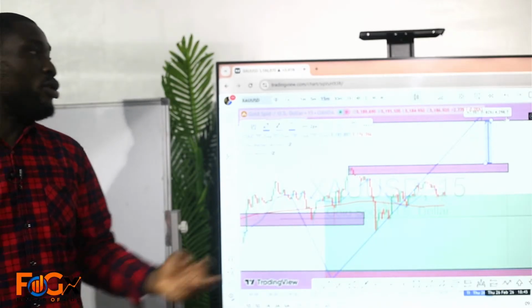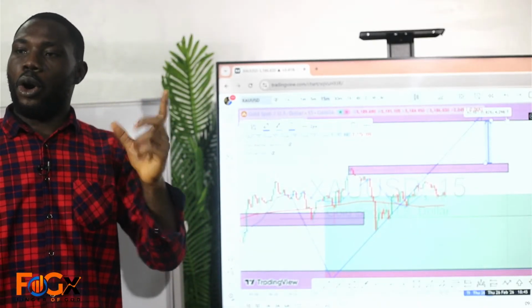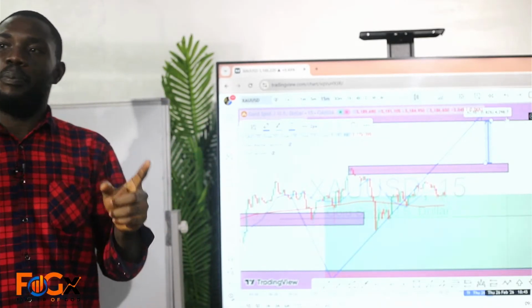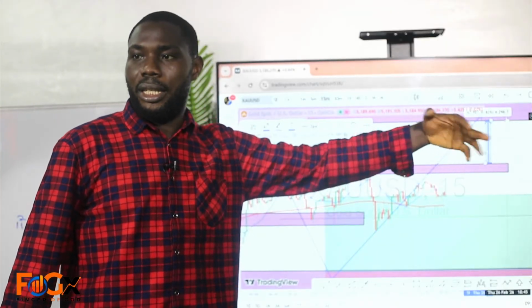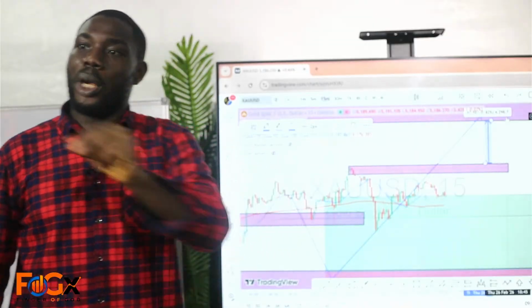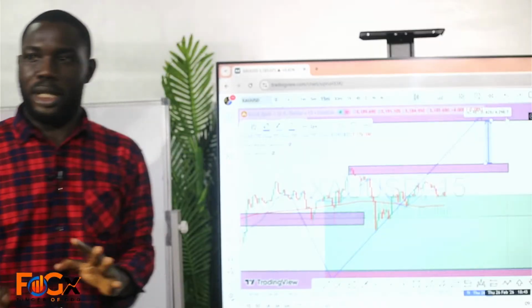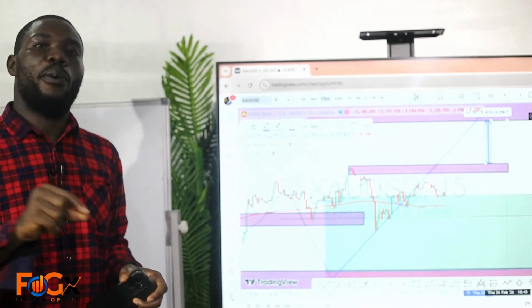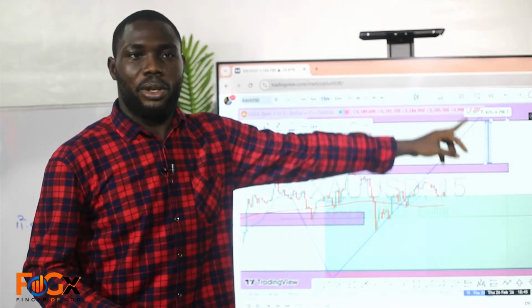On gold, they used to count it by ticks. So 100 ticks is 10 pips. So when you are seeing 4,200 ticks, that's 420 pips. So from here to here now is 420 pips. If I use lot size 0.1, I will be making around $400.